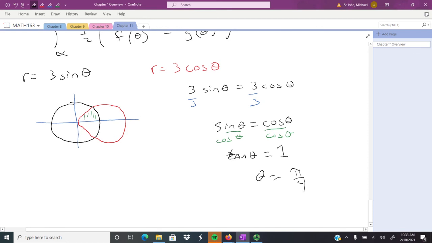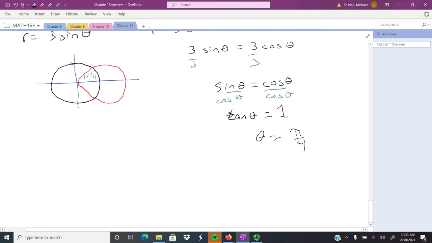Okay. So we're going to integrate from 0 to pi over 4, 1/2 times 3 cosine theta squared minus 3 sine theta squared d theta.